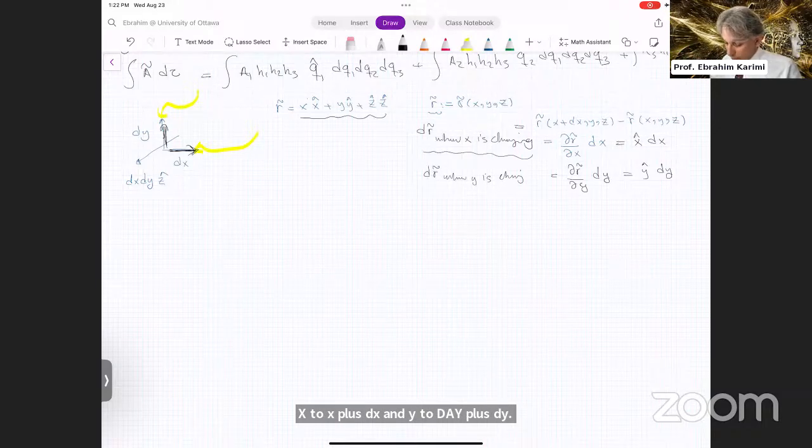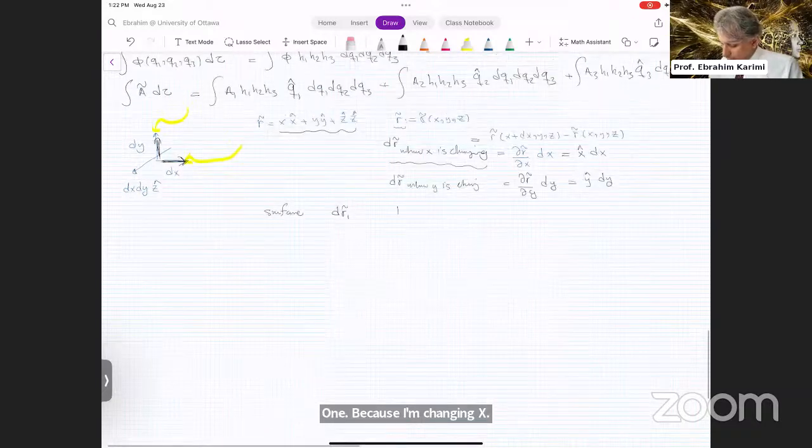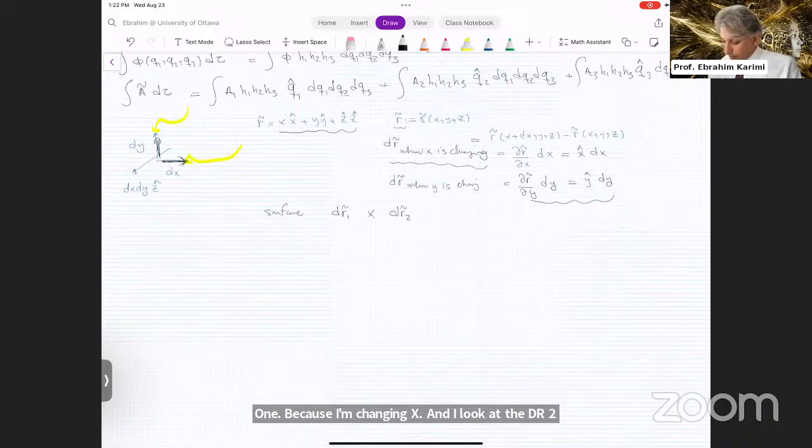And now I'm asking what is going on with the surface. This infinitesimally small surface, the element of the surface, is given by, I will call this dr1 because I'm changing x, and I look at the dr2, which is that one. Then I will do the cross product of the two, and I will find the element of the surface. Now let's do the calculation.